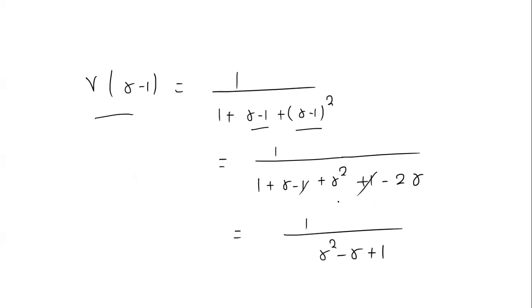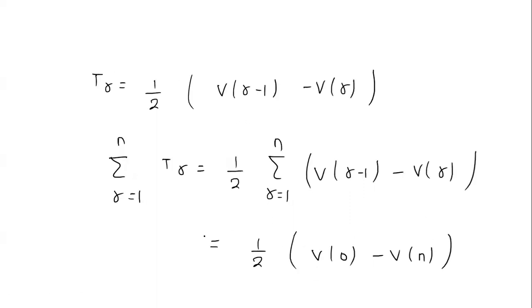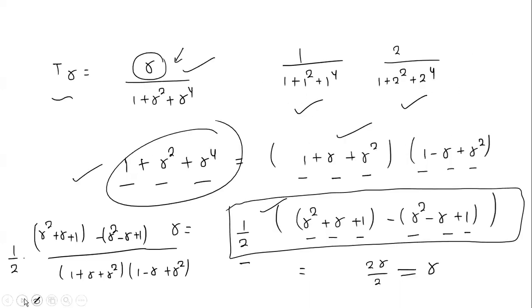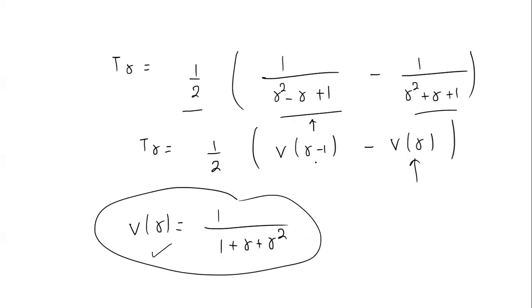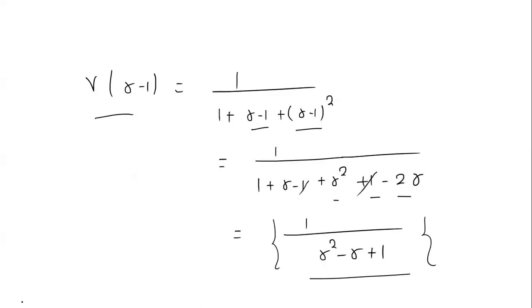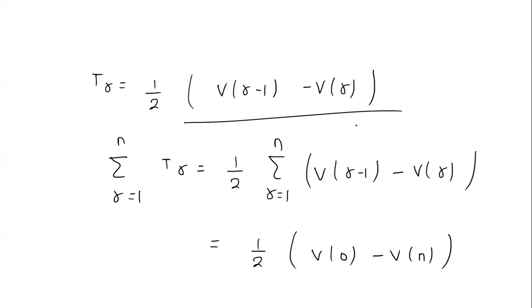If you open this, it will become R square plus 1 minus 2R. After simplifying, it comes in this form, so you can replace this here by V of R minus 1. So T of R, the general Rth term of the given series, we can write in this form: half times V of R minus 1 minus V of R.